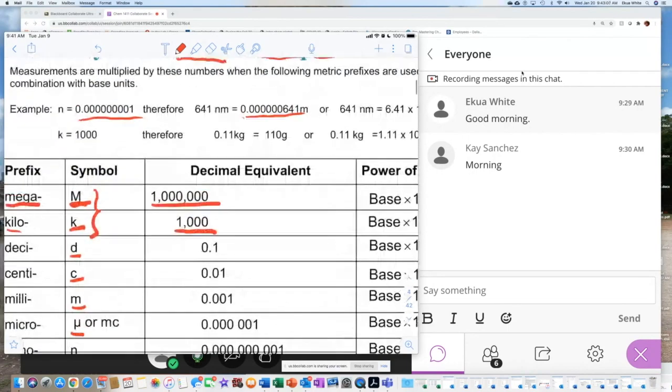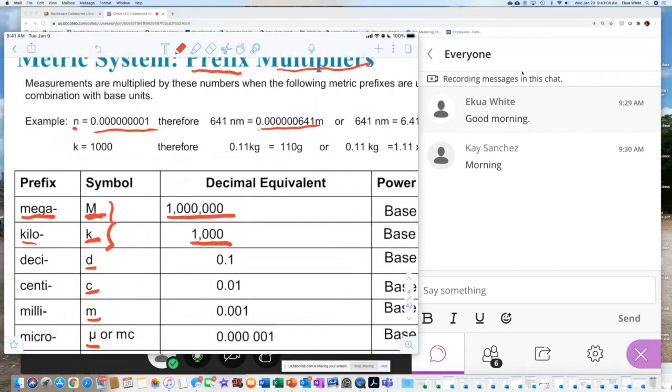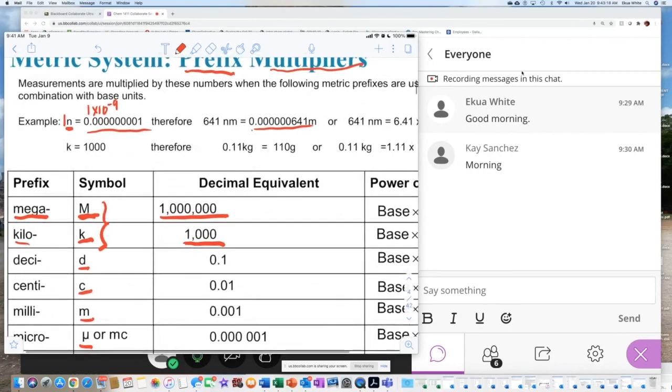So the original number provided to you, you get to convert it to a more manageable number using the metric prefix. So here we're being told n, which is nano, stands for this number right here. So 1 nano stands for 1 times 10 to the power negative 9 units of whatever it is you're measuring. Okay? So to illustrate that in an example, if you have 641 nanometers, that means that length is very, very, very tiny.